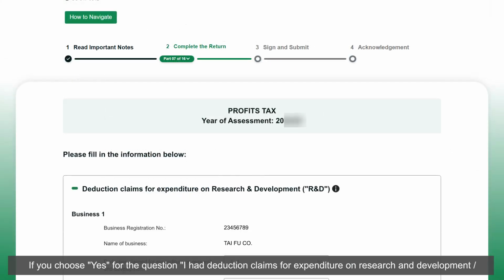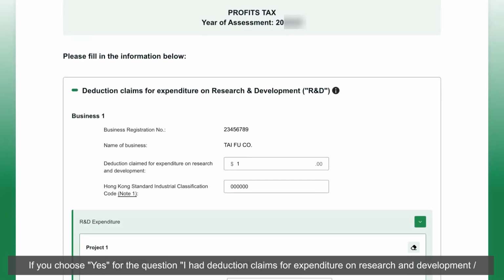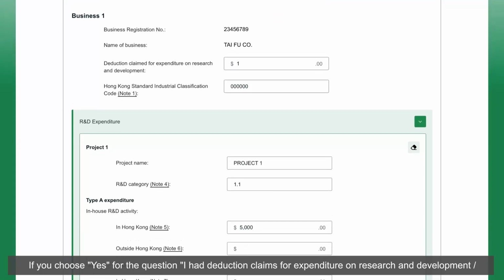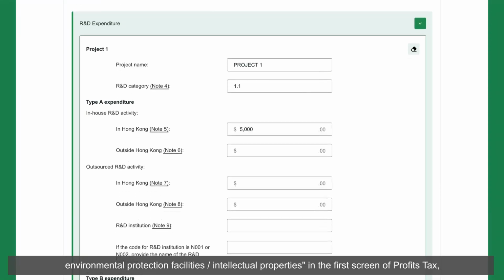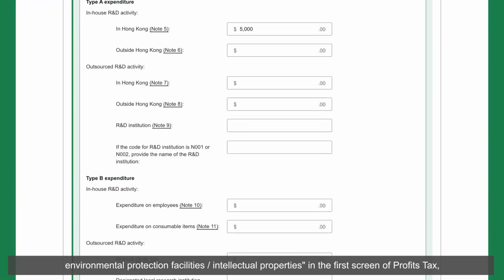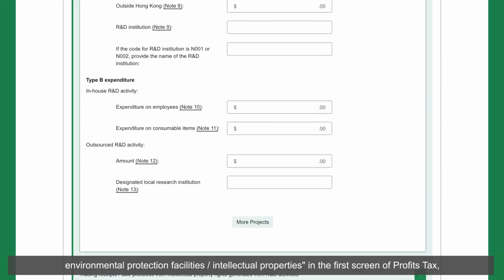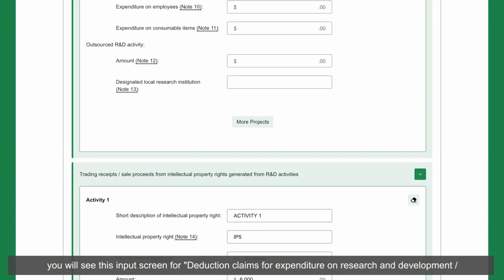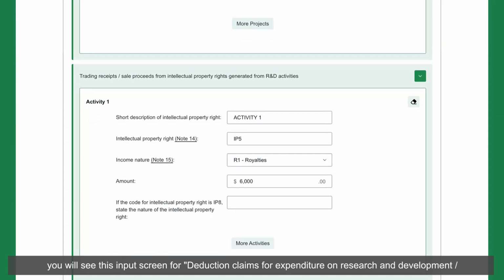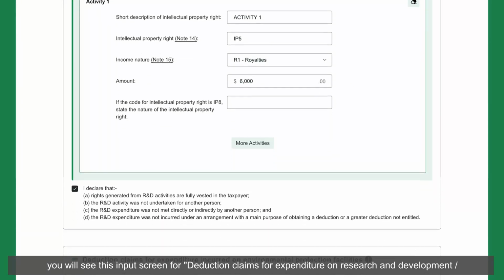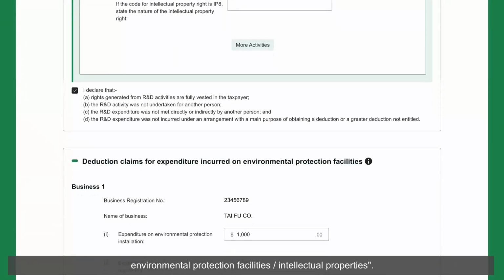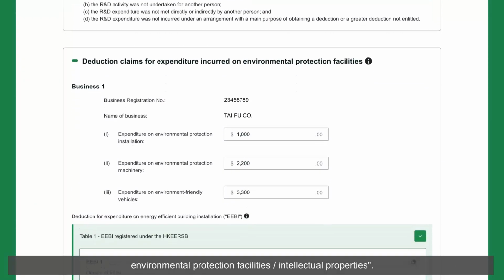If you choose Yes for the question "I had deduction claims for expenditure on research and development or environmental protection facilities or intellectual properties" in the first screen of Profits Tax, you will see this input screen for deduction claims for expenditure on research and development or environmental protection facilities or intellectual properties.